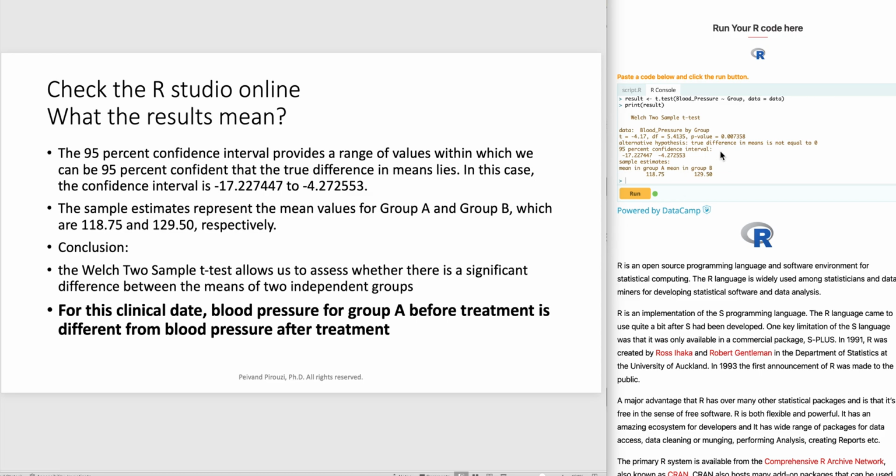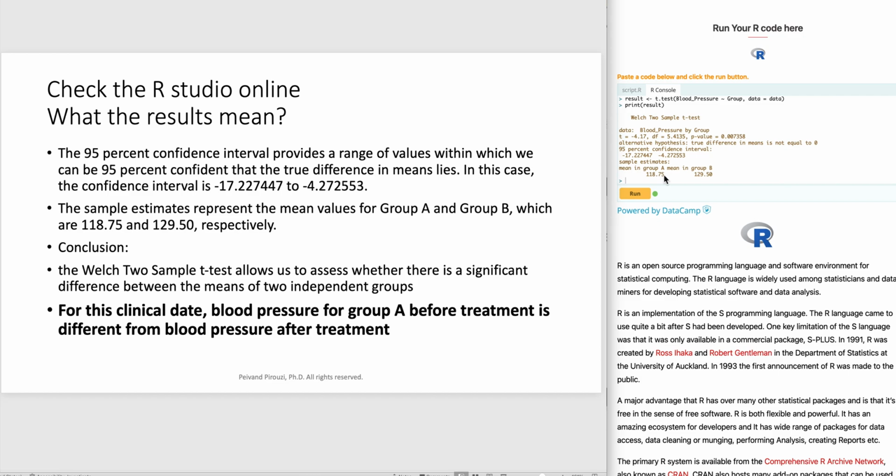So this is what you can see in the R console as a result of the statistical test. Now the sample estimates represent the mean values of group A and group B, which are 118.75 and 129.50.